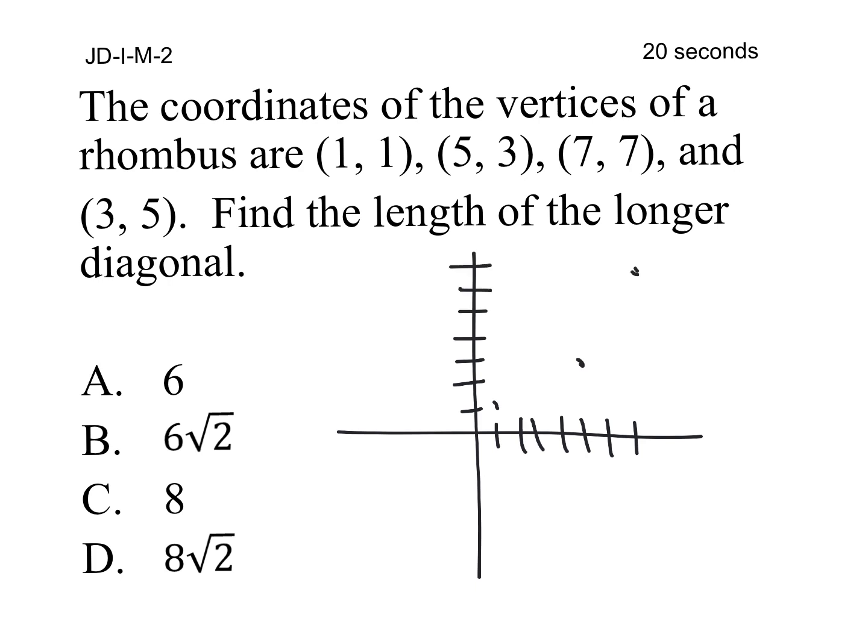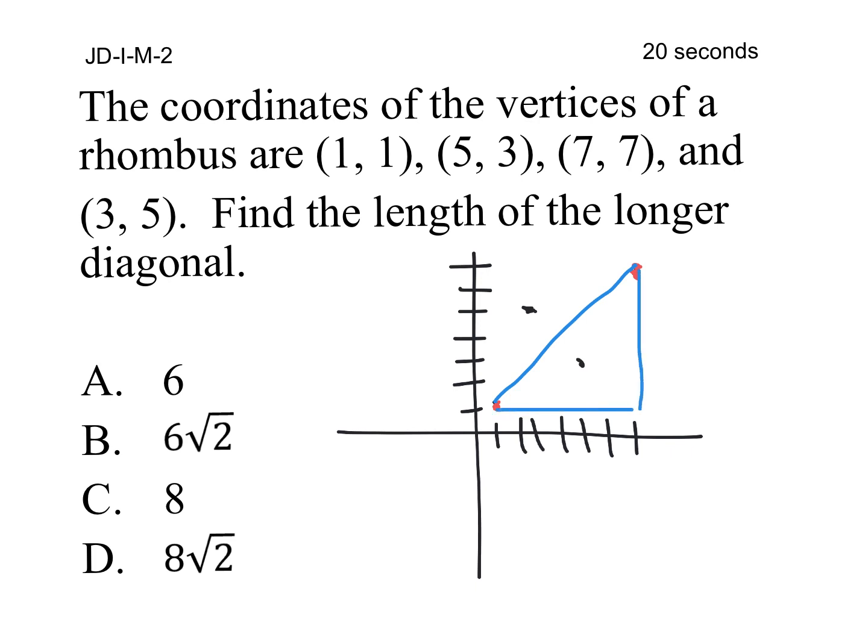So if we just sketch out these points, you might have an idea going into it. The smallest numbers and the biggest numbers, that's where we're going to get our biggest diagonal. So we're trying to find that length.